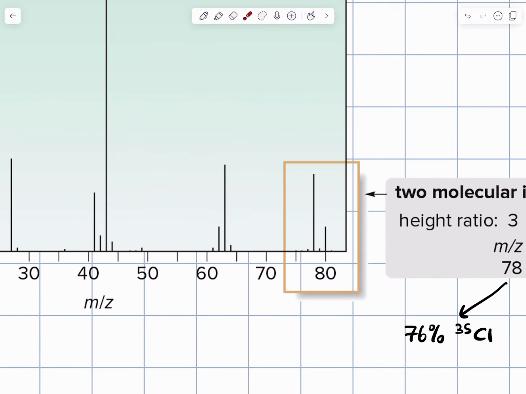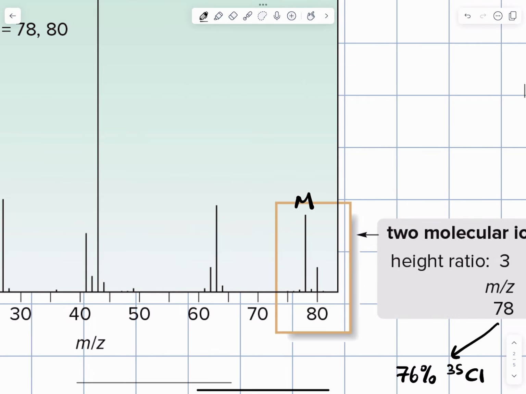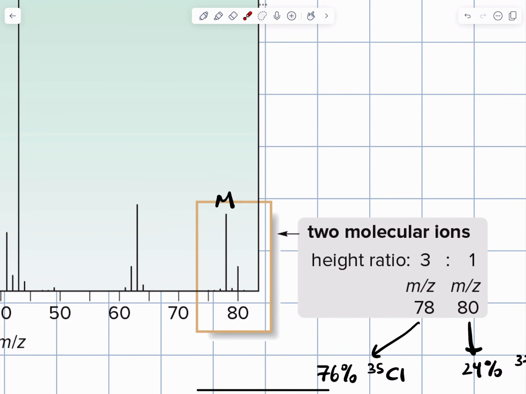In this case, I see a main peak here, which is likely my molecular ion. Then I see M+1 here that's really small. That's the +1 neutron peak. And then I see a +2 neutrons peak that's pretty tall, about 25% of this one. Height ratio is about 3 to 1.